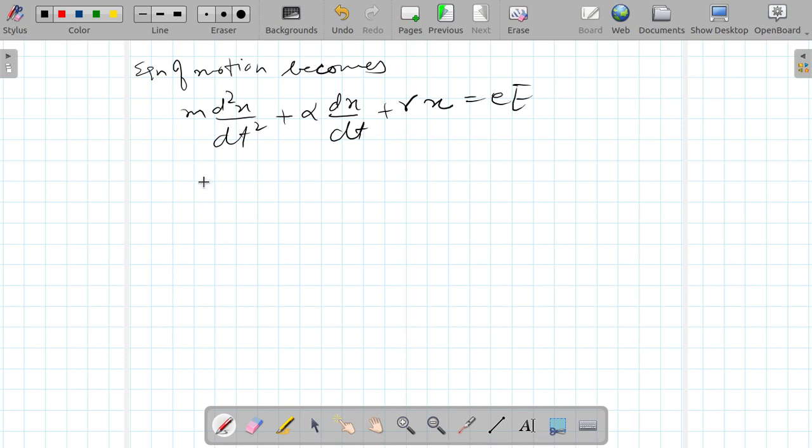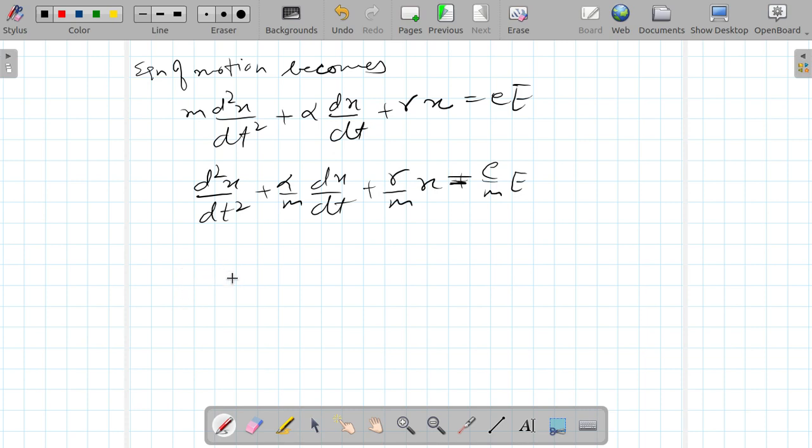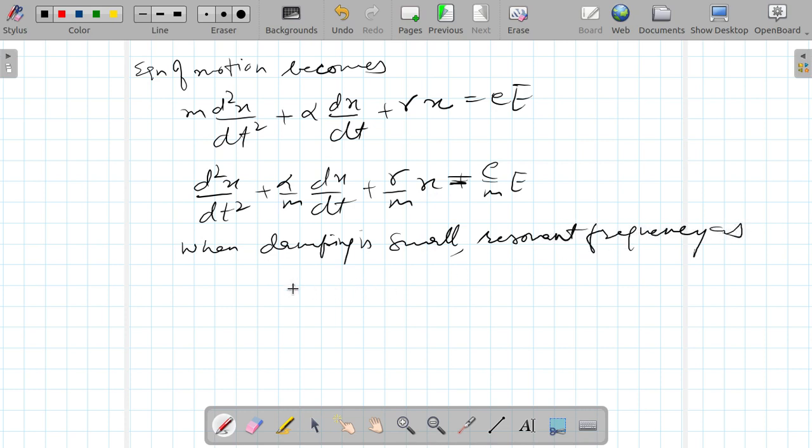So this equation will simplify to d square x over dt square plus alpha by m dx by dt plus gamma by m x equal to e by m E. Let us consider the case when damping is small, and in that case we will define the resonant frequency omega naught, where omega naught square is equal to gamma by m.